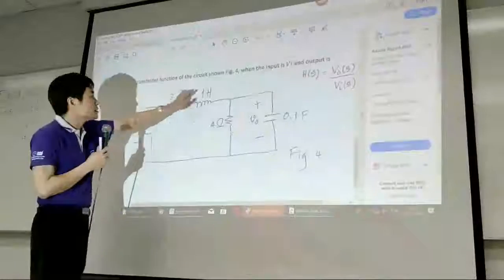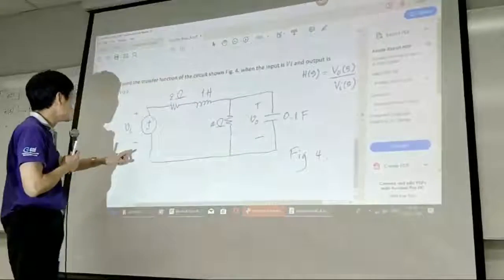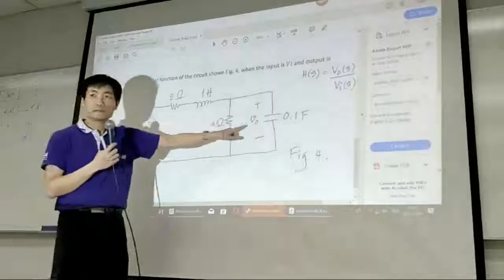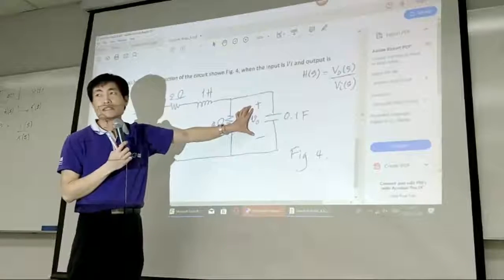For example, find the transfer function of this circuit, where the input is the source and the output is defined as the voltage across the capacitor.